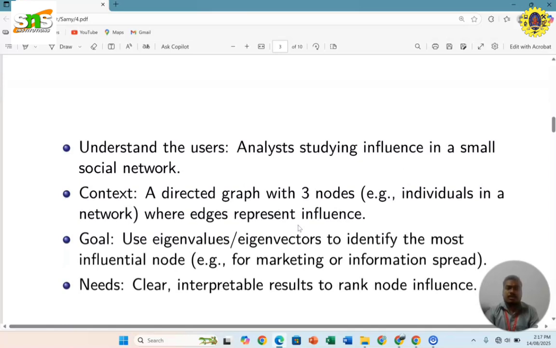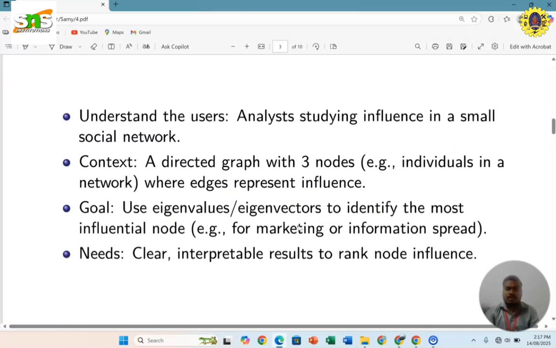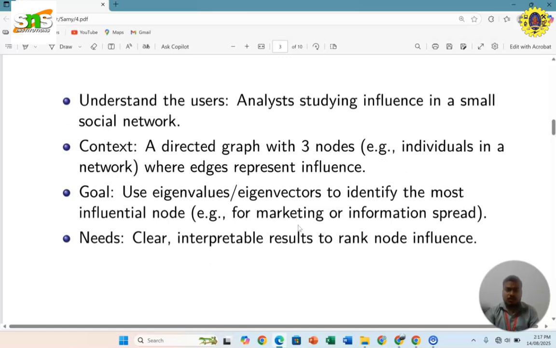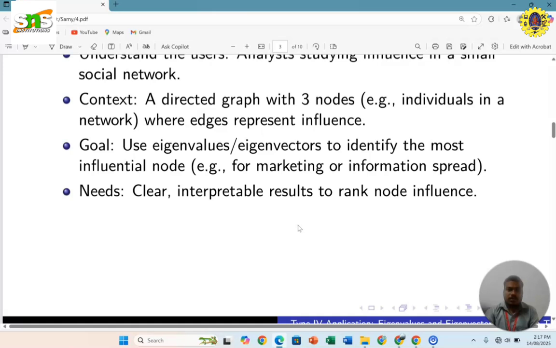Analyze the influence in a small network. The context is a directed graph with 3 nodes and edges that represent influence. The goal is to use eigenvalues and eigenvectors to identify the most influential node.